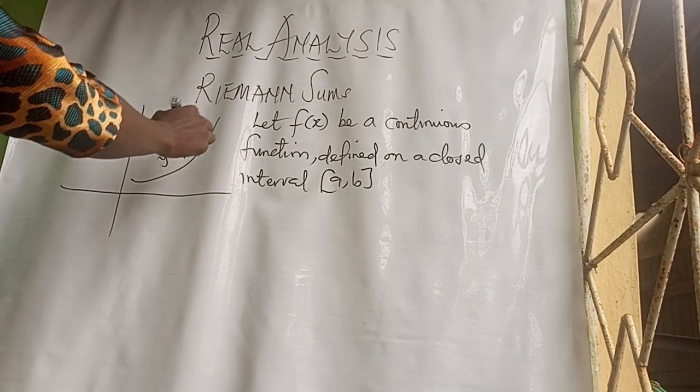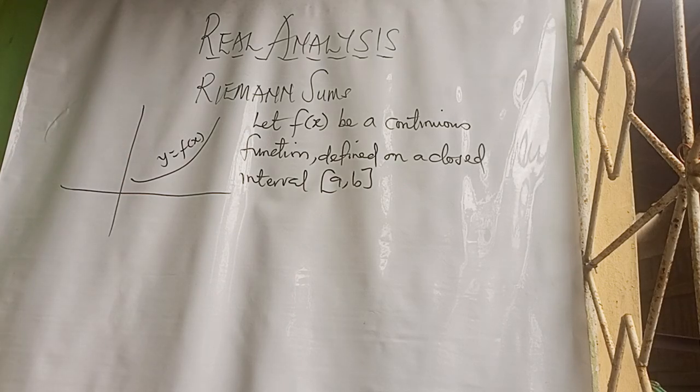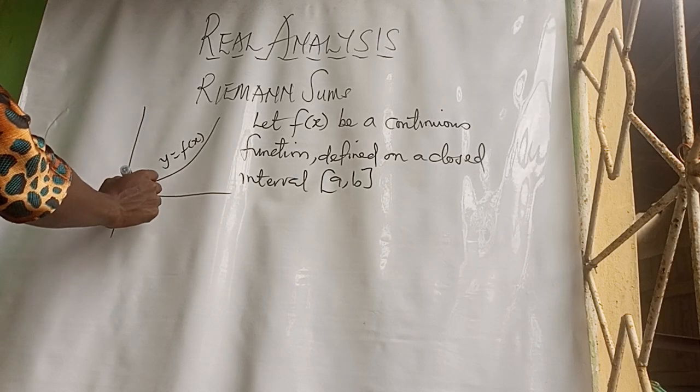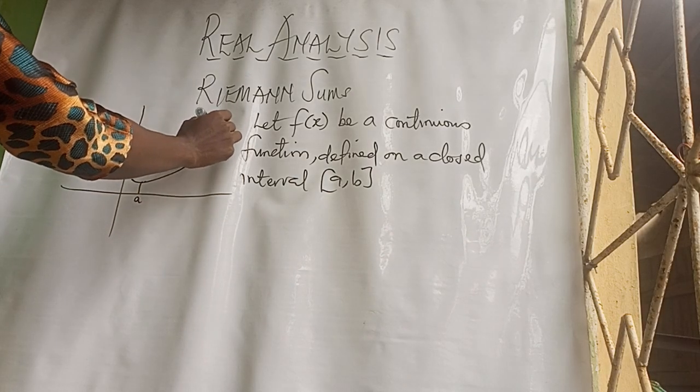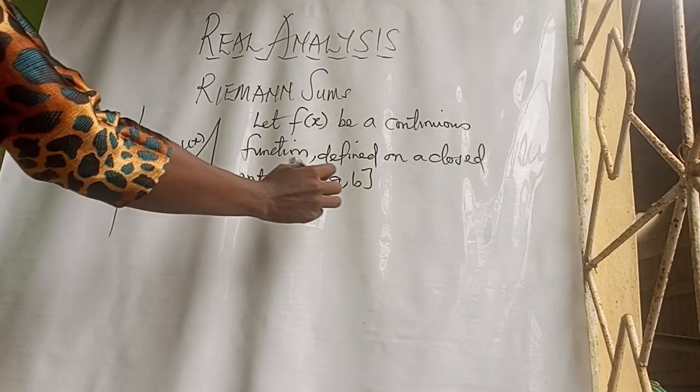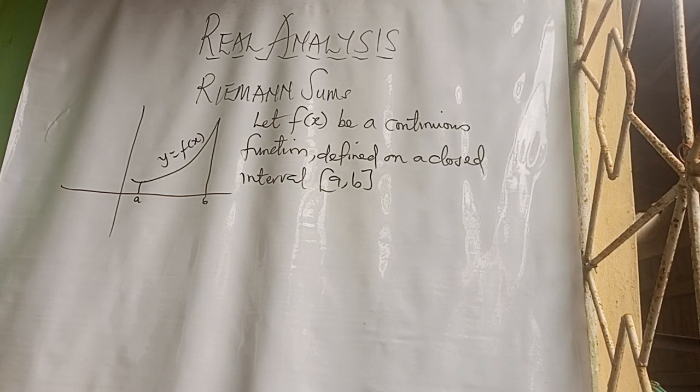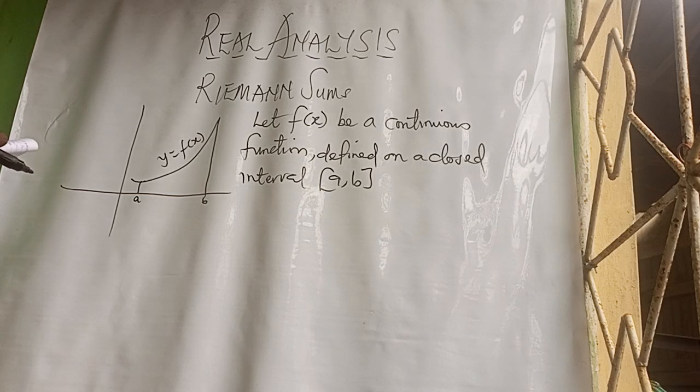Our function y equals f of x is defined on the closed interval AB as shown. We use the Riemann sum to approximate the area under the curve.